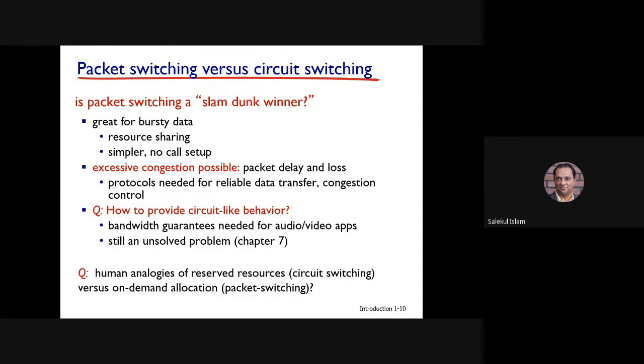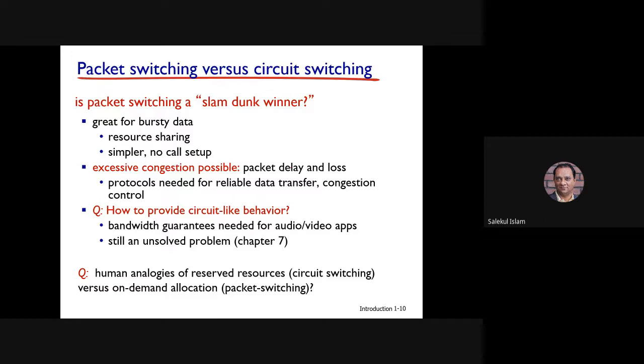Because for those files, for a game or for an installation, or even for video files or PDF files, if a single packet is lost, you cannot use that file.